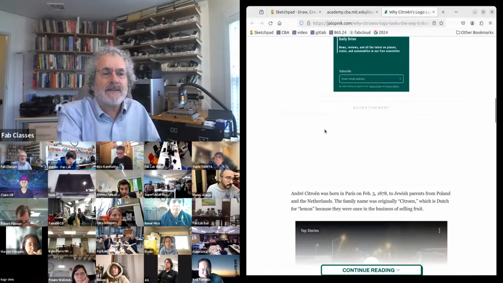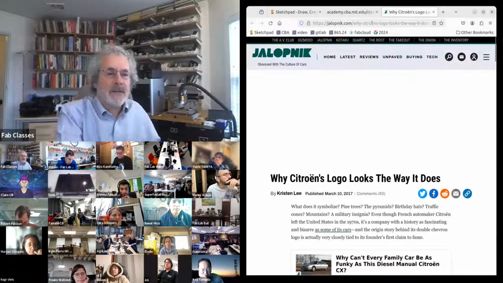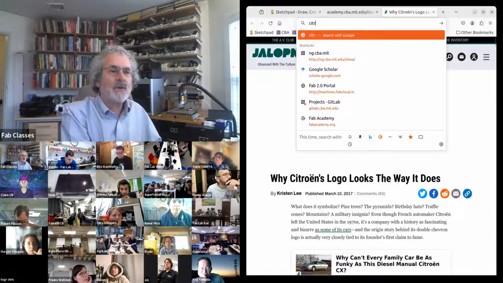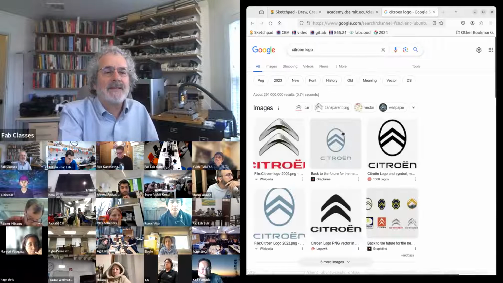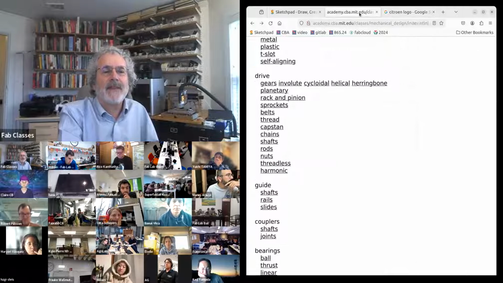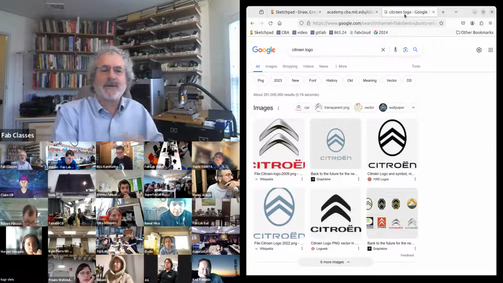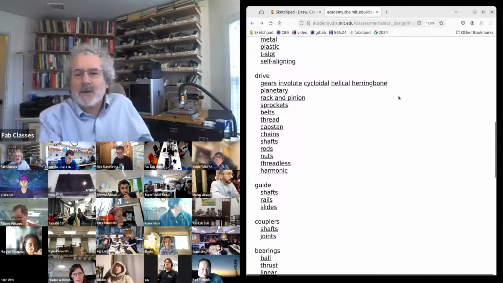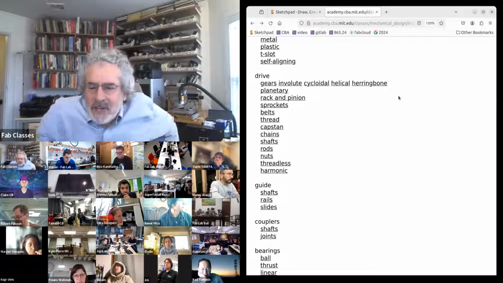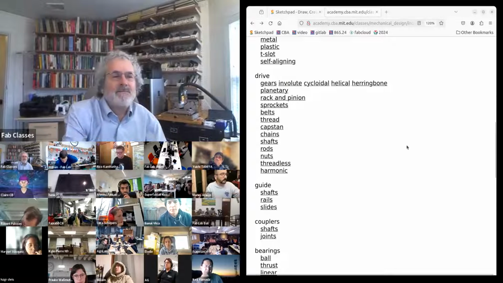Let's see if this is loading. The Citroën logo is actually from the herringbone gear, which is 2 helical gears, which is at the heart of the original Citroën. So gear design itself is a surprisingly interesting universe.